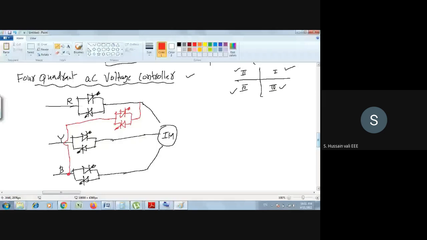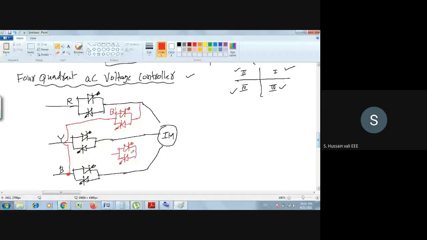I will call this B dash. I am calling it B dash because it is connected to B here, and R. Then I will have another set here, so two extra, a total of four thyristors you add extra here.